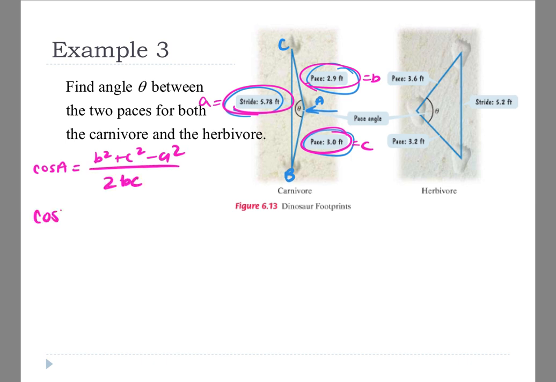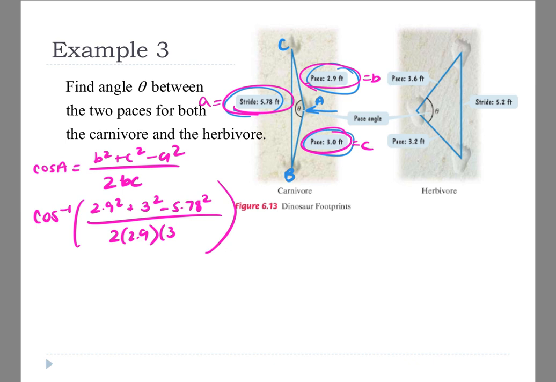So I'm going to do cosine -1 of 2.9 squared plus 3 squared minus 5.78 squared over 2 times 2.9 times 3. And again, let your calculator do that whole step.